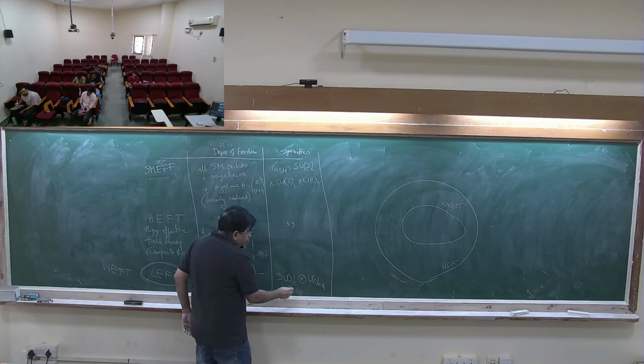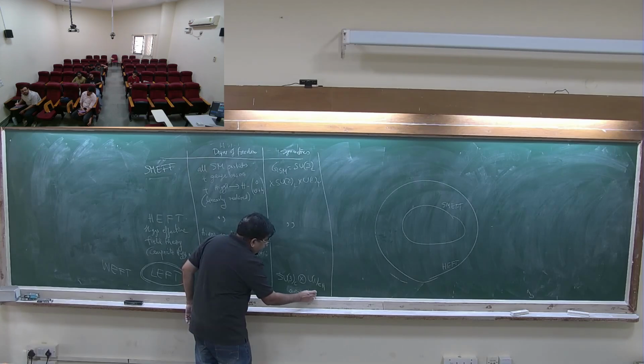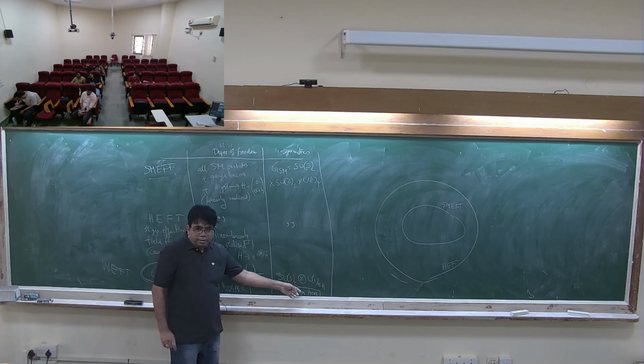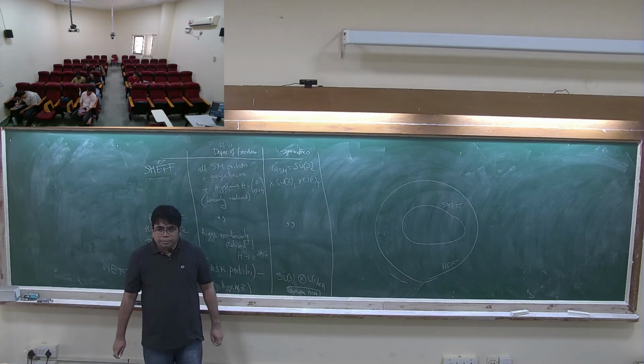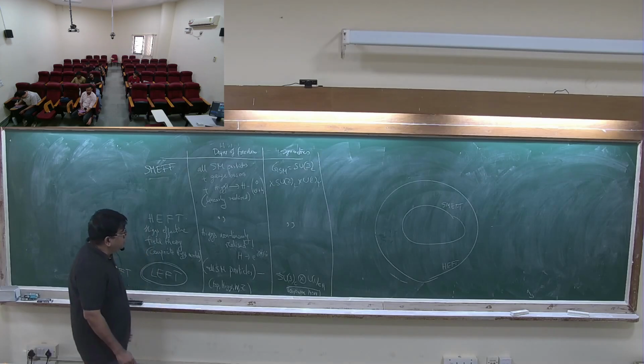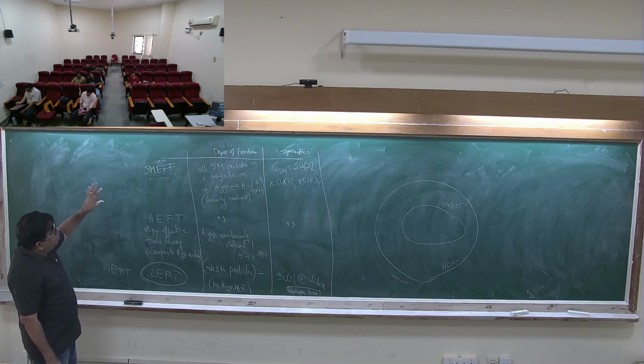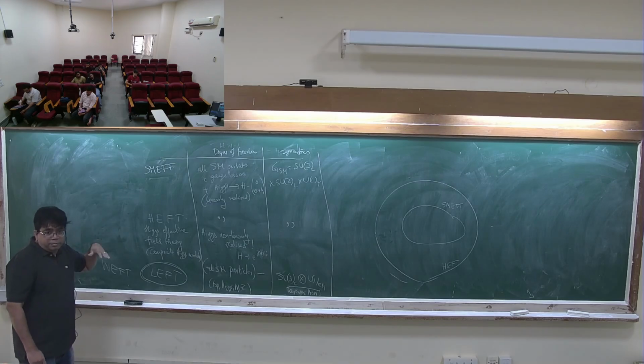It doesn't impose anything. So this I'll just leave, because if you want to put in the Fermi theory, it will be useful for those processes where it contributes. So these are the main effective field theories relevant to us within the BSM classes of models.